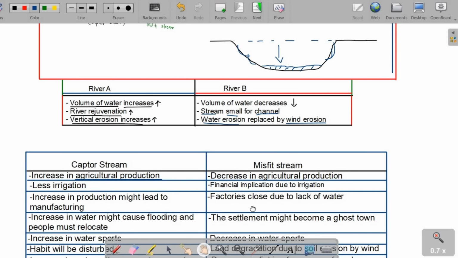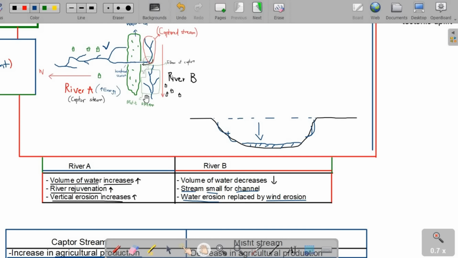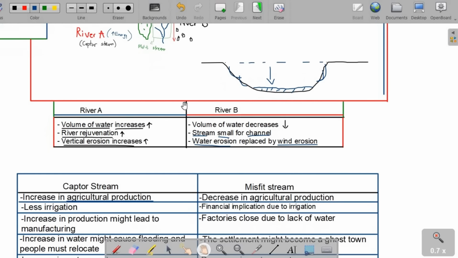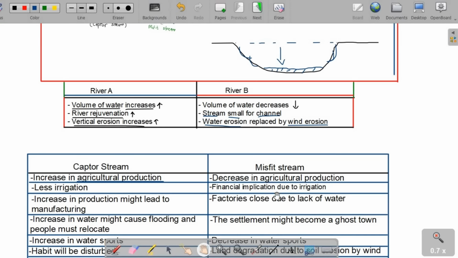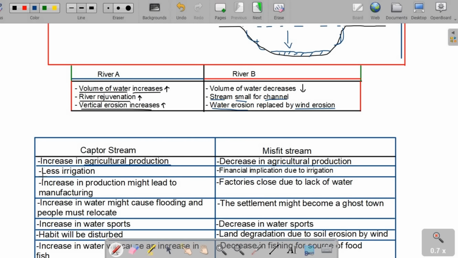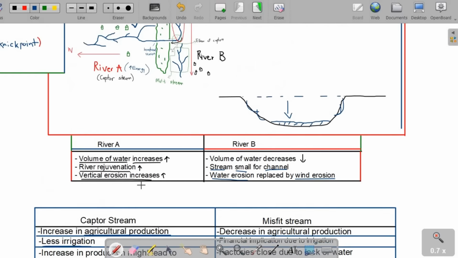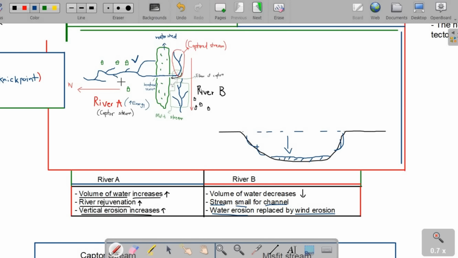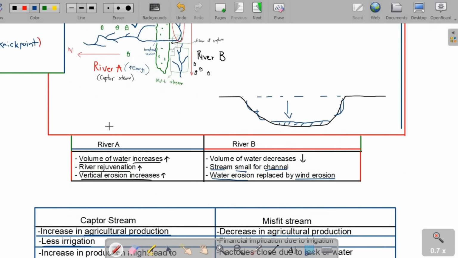But on the misfit stream, because there's a decrease in the volume of water, we'll also see a decrease in agricultural production, okay? So water is such an important input in an agricultural enterprise. This side will see less irrigation, okay? So no more having to pay for water that is charged by the municipality to your house.